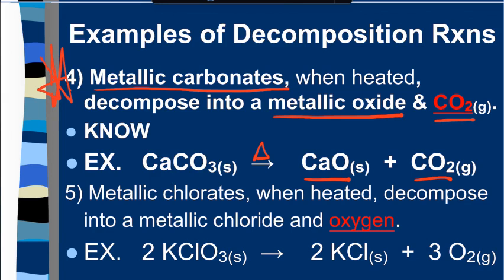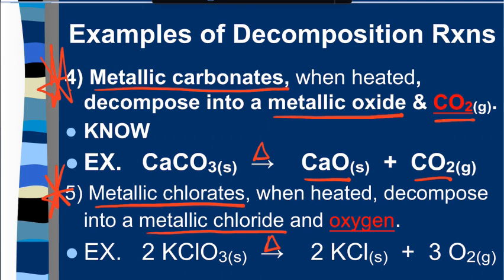And our last type of decomposition reaction we need to memorize is a metallic chlorate. And a metallic chlorate, when we heat it, it decomposes into a metal chloride and oxygen. And again, just think about this a little bit. Here we have potassium chlorate, and what it's going to make is potassium chloride and oxygen.